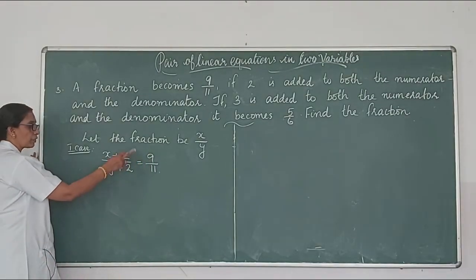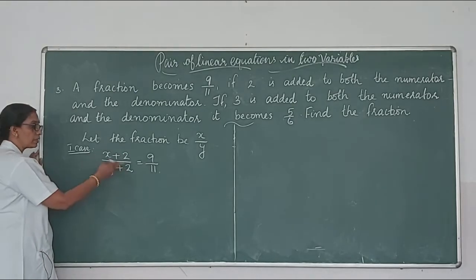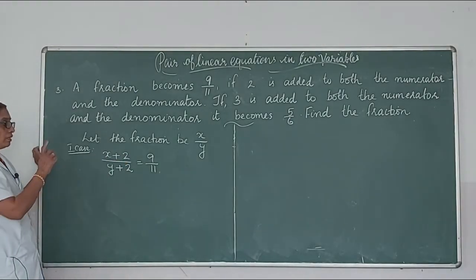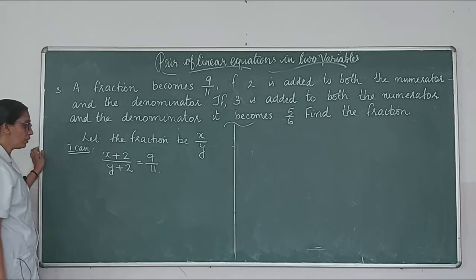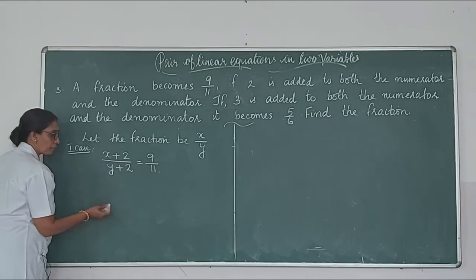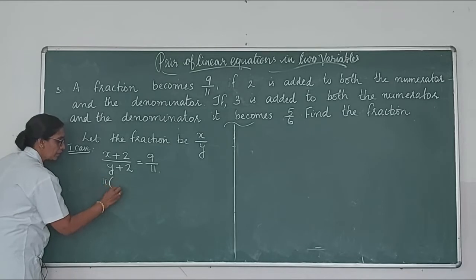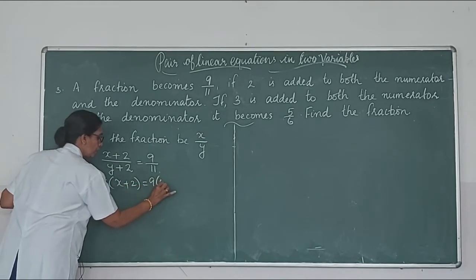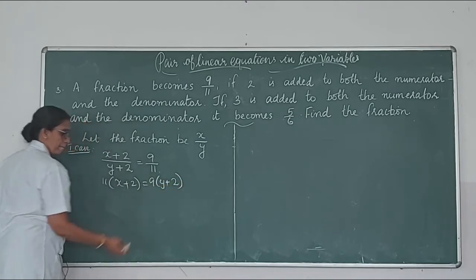Okay, so we have to do the simplification to get the equation in general form. So, do the cross multiplication: 11 into x plus 2 is equal to 9 into y plus 2.